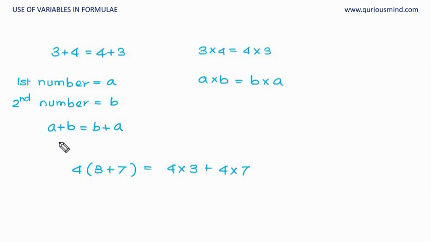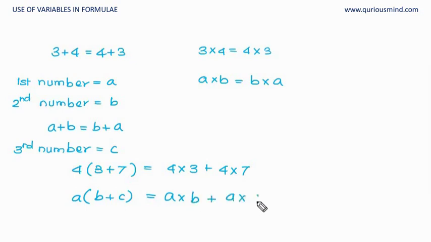So again, if I use first number A, second number B and third number as C, so that would be A in bracket B plus C is going to be equal to A into B plus A into C. And that is our distributive property represented using variables.